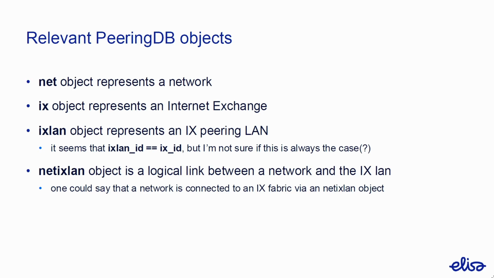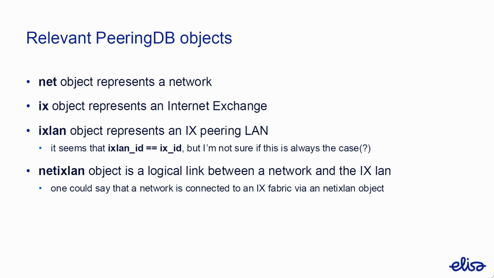But the IX LAN object is actually the object that covers all the interesting technical data regarding a given IX. And there seems to be a one-to-one mapping between IX LAN and IX objects.